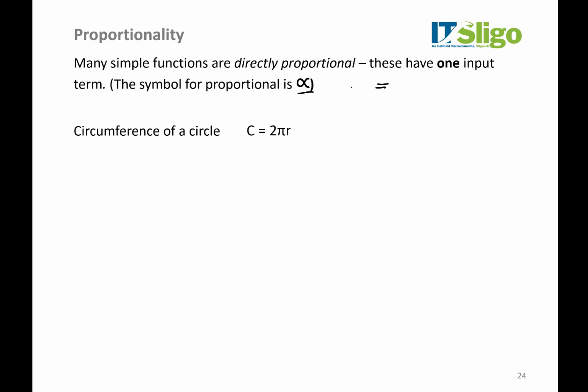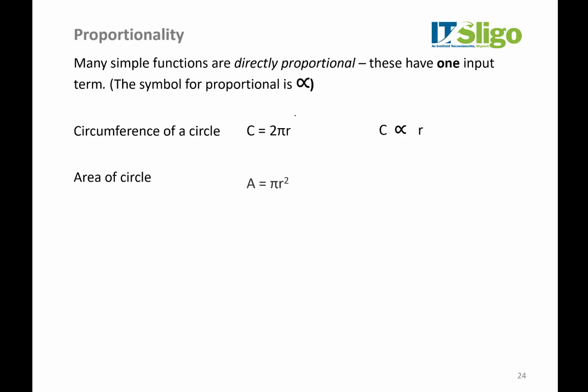So when I say a simple function, guys, here we have the circumference of a circle. A simple function only has one term on the right hand side. So there's only one term to feed into. So we could say now C is directly proportional to r.